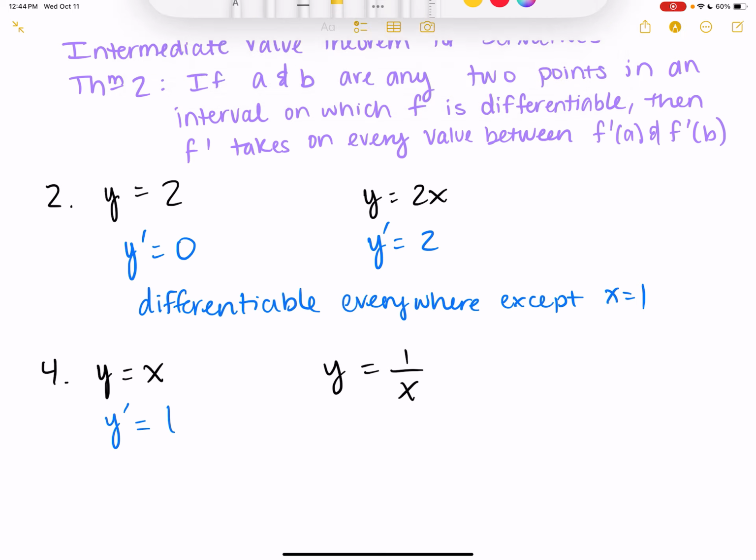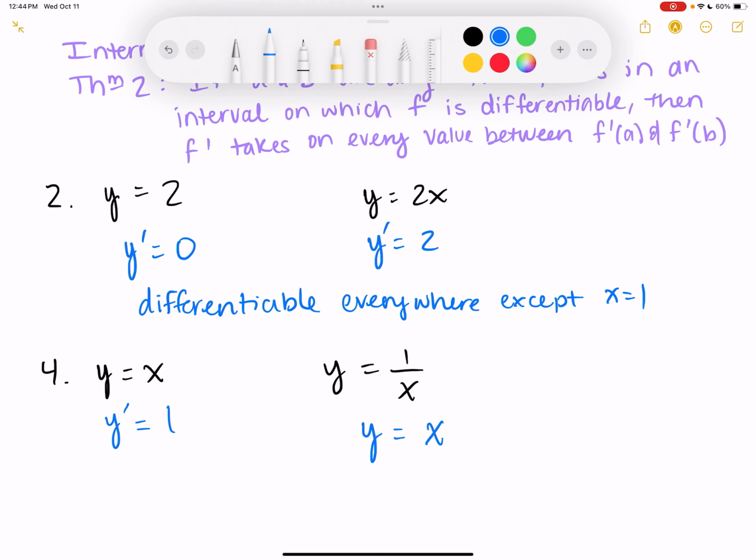Yep. So if I rewrite this as y is equal to x to the negative 1, and if there was a number other than 1 on top, whatever that number is would just go in front of it. So this one happens to be 1. And now it works the same way, okay? So what we do is we always bring the exponent out front, and then we subtract 1 from the exponent that's currently there.